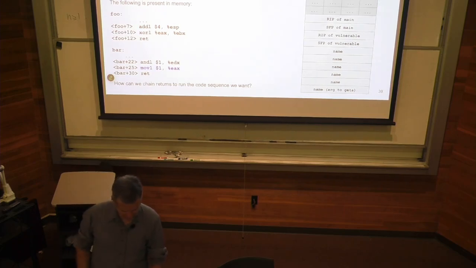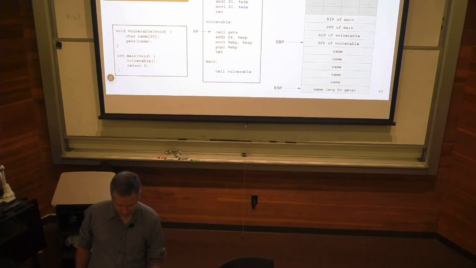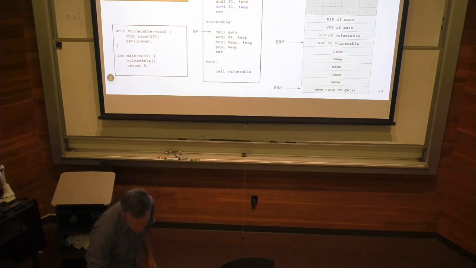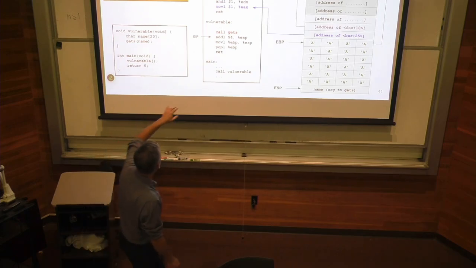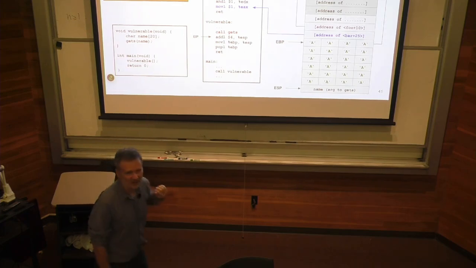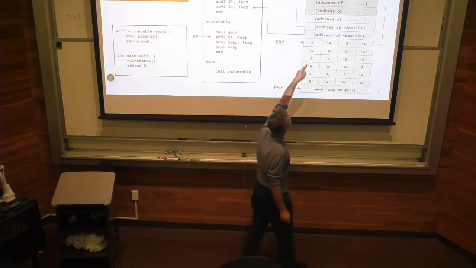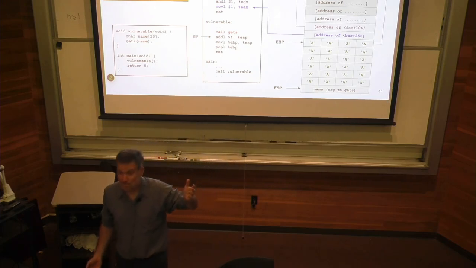So the way we do that is that the attacker provides an input that overwrites vulnerable's RIP with the first thing that we want run, the XOR L, which is at address foo plus 10. So when vulnerable returns, it'll look in its RIP, which is under the ESP, and transfer control there.